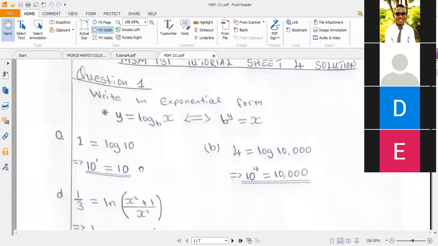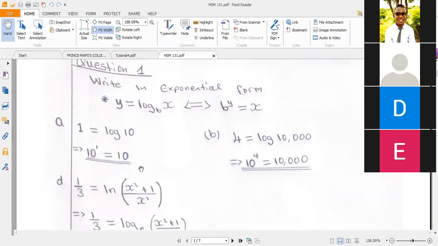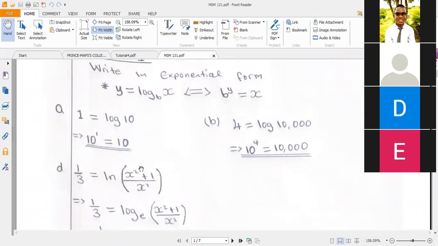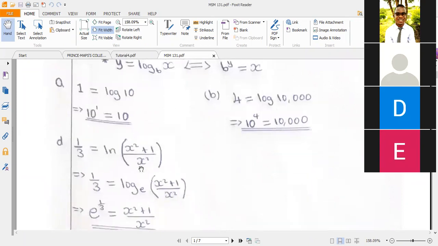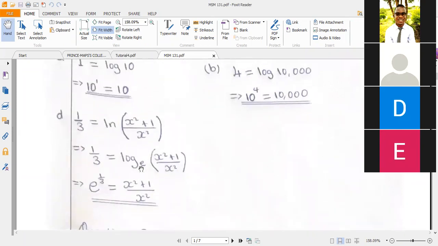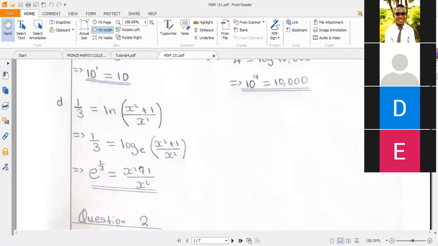All right, so let's continue. We have that 1 over 3 is equal to ln of x squared plus 1 over x squared. We know that ln is actually the natural log, log base e.